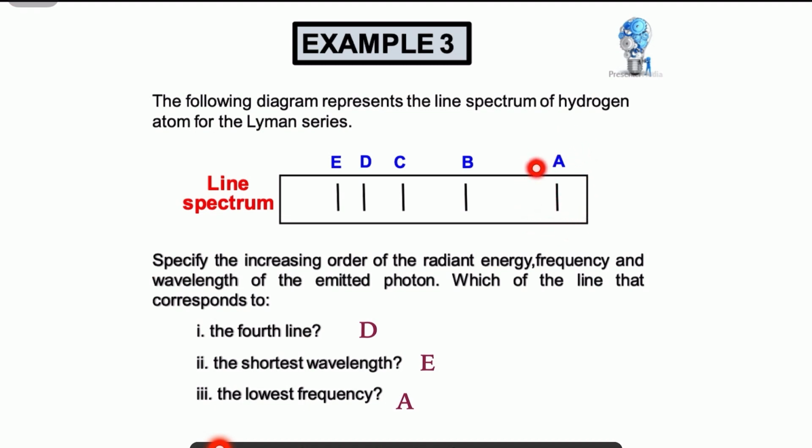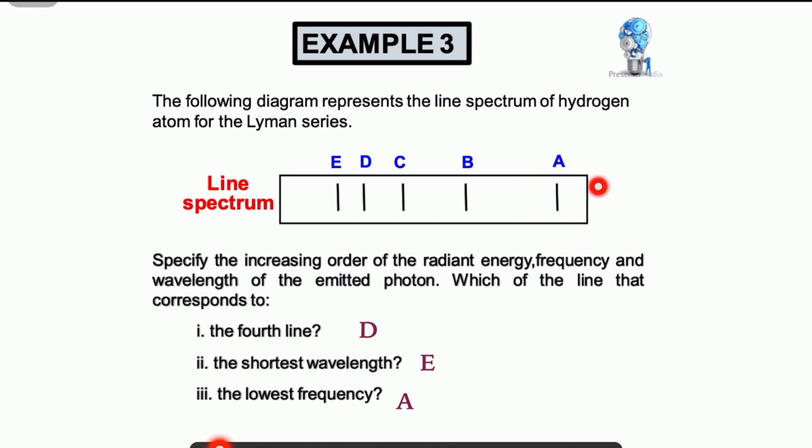From here, you can determine that B is the second line, C is the third line, D is the fourth line. A is the first line, which shows that it has the smallest transition, so the energy difference is lower.